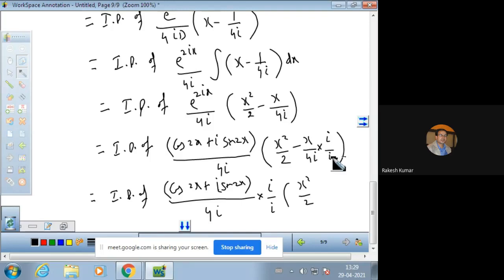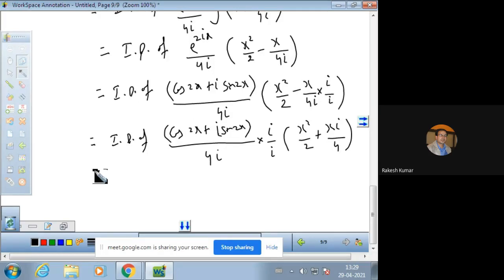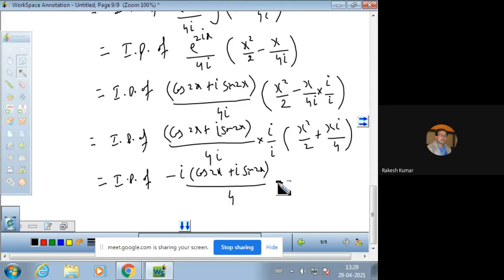Now iota and iota is minus 1, so minus minus will be plus. So x iota upon 4 will be there. Now here you will have imaginary part of iota. Iota will be minus, and that will be iota cos of 2x plus iota sine of 2x over 4. And here we have x square over 2 plus x iota over 4.